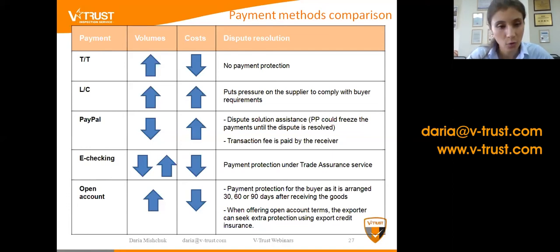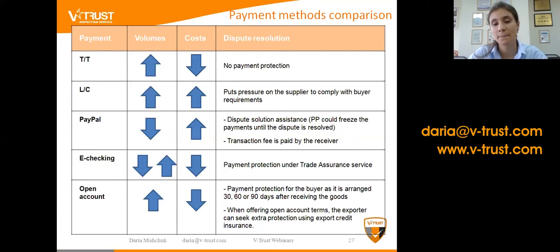Also, quickly mentioning open account here. Open account is also a payment method, but it's usually applied for very big chain stores, because open account enables a buyer to pay for the goods sometimes 30, 60 or 90 days after receiving them. Very big companies, like Walmart and some other retailers, negotiate this condition with their factories to get a smooth funds flow.